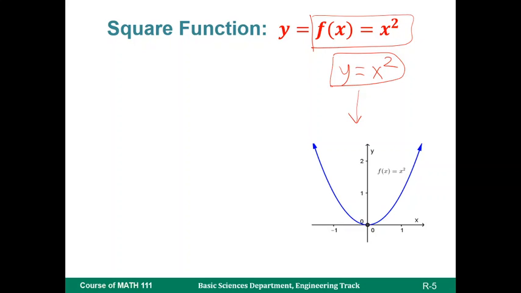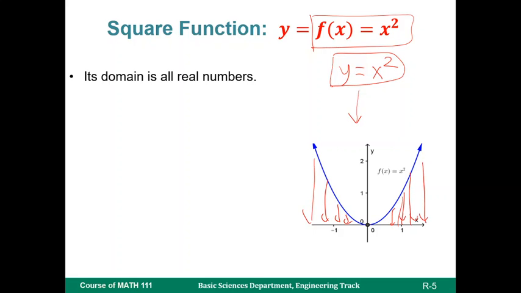Yes, and you can look at the domain. What's the domain? It accepts all real numbers. Also you can see it from the graph. Its projection onto the x-axis is the whole real line. So the domain is all real numbers. Also you can see it from the formula.